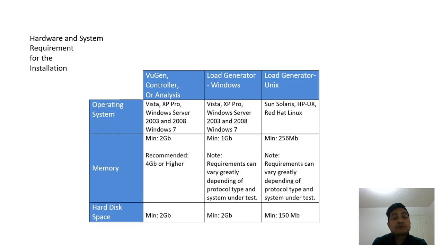So next, these are the hardware requirements for the installation. You can see on the screen the operating system. There are many platforms that can run LoadRunner. It can be Windows based or Unix or even Linux.